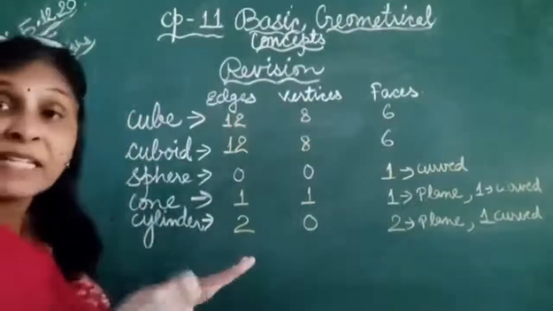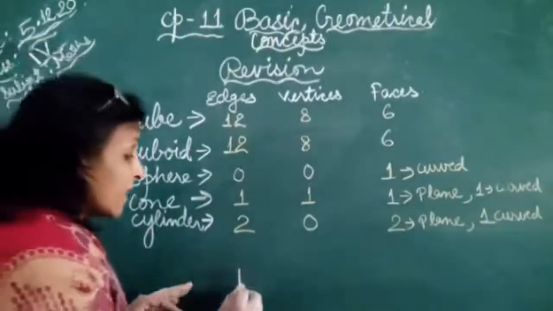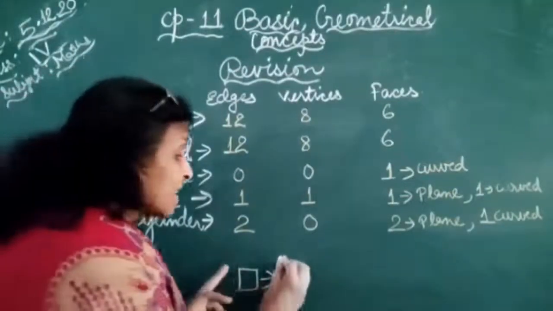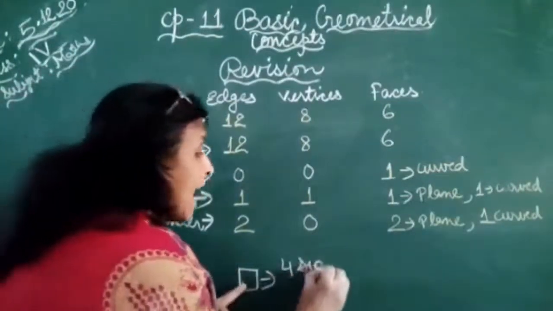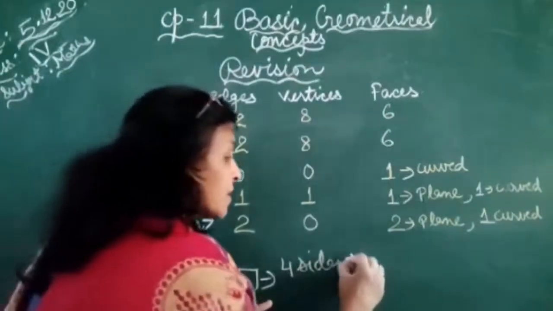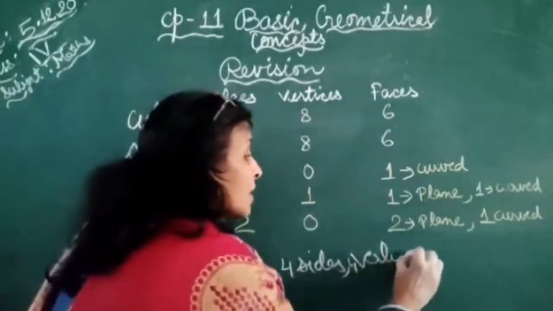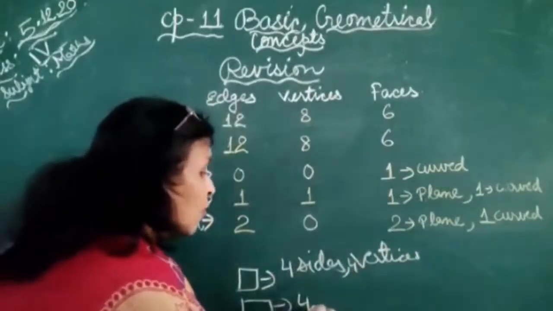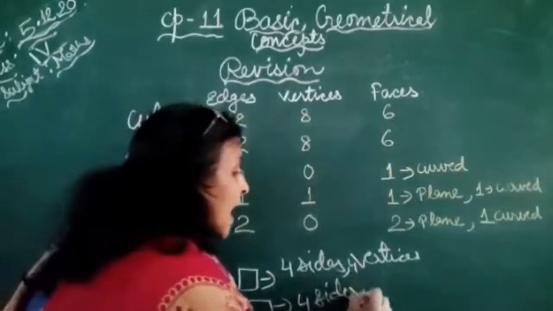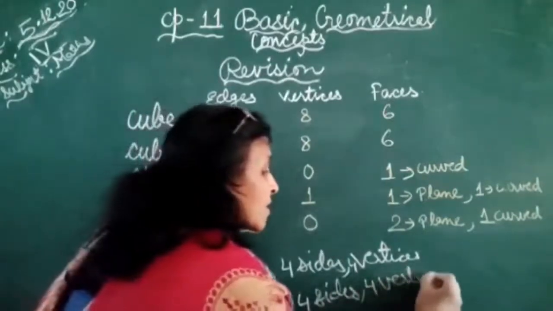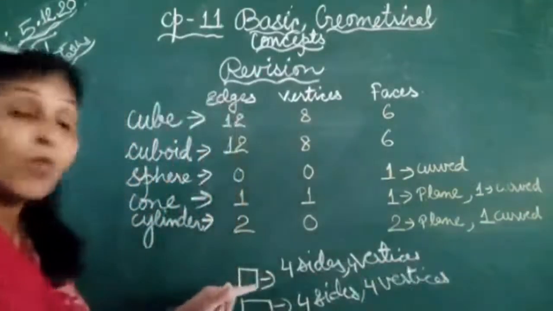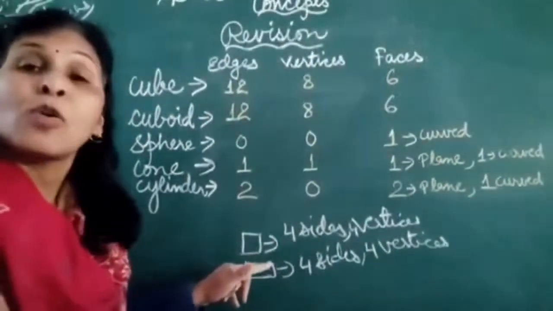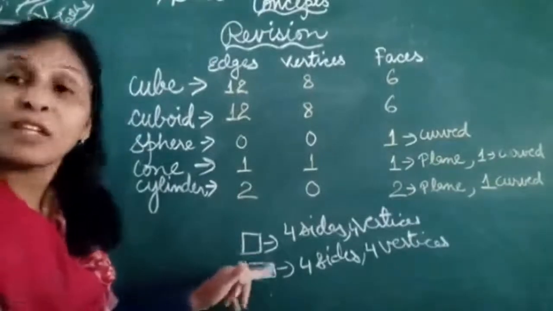And in plane shapes, that is in square, how many sides? That is 4 sides and 4 vertices. Same in rectangle. In rectangle, that is 4 sides and 4 vertices. In square, all the sides are equal, and in rectangle, only opposite sides are equal.